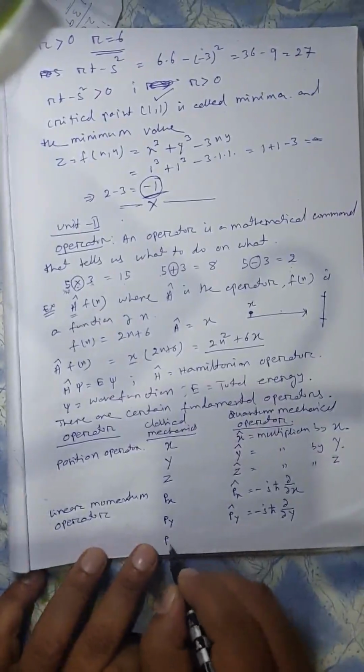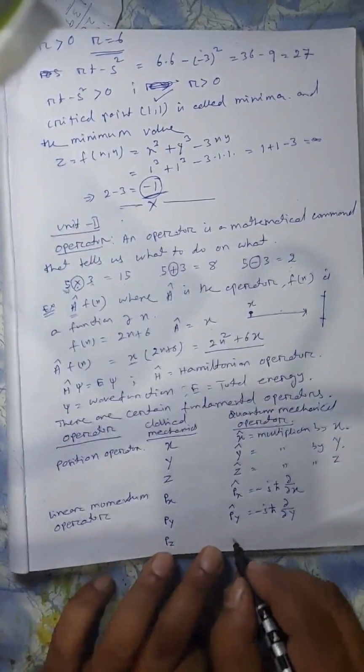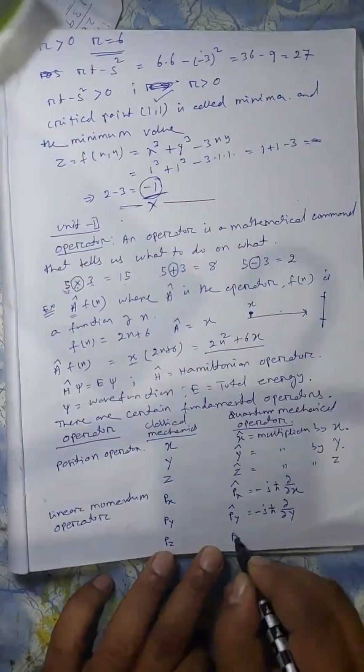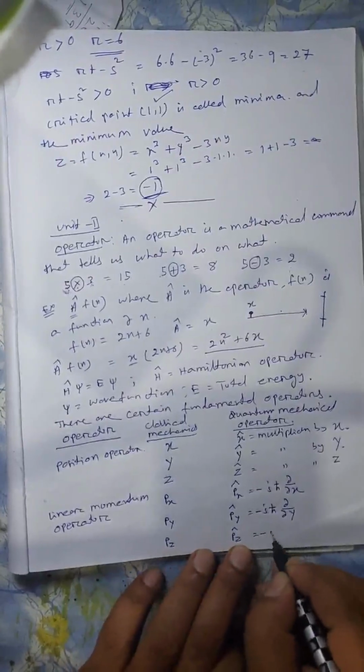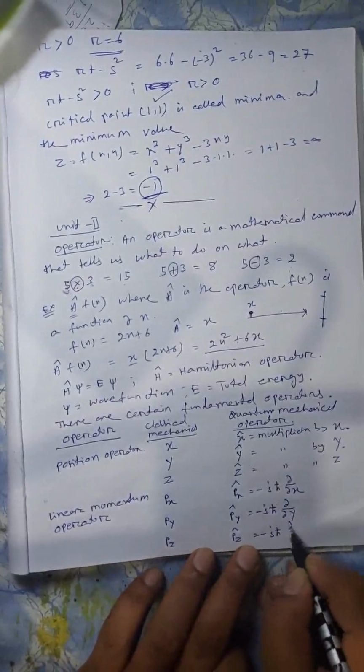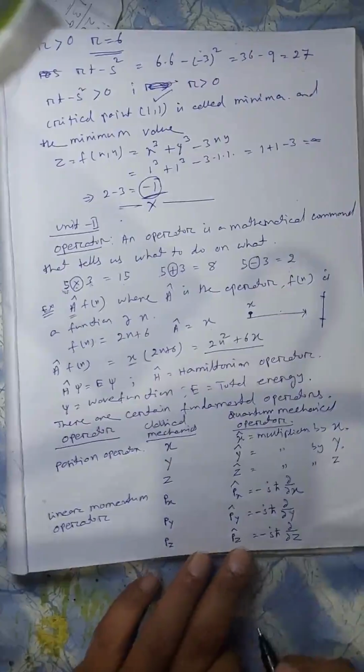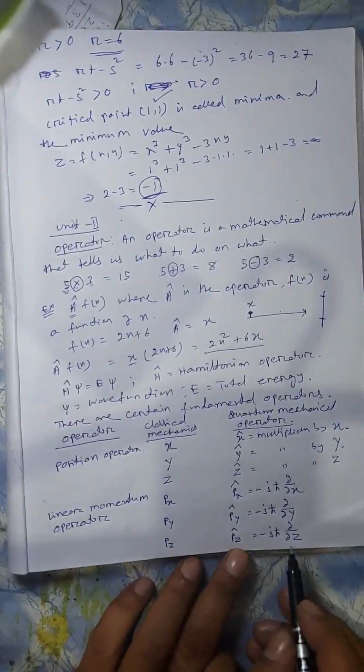Similarly for pz cap in quantum mechanics, I write minus i h bar dou by dou z, differentiating with respect to z.